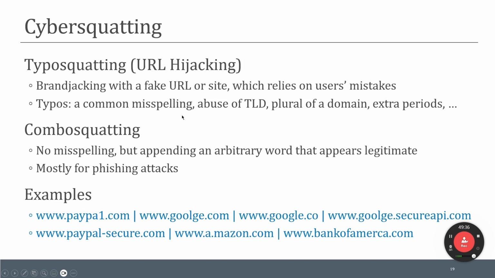This type of squatting relies on users' mistakes, mistakenly typed spelling. And combosquatting involves no misspelling, but appending an arbitrary word that appears with it, like PayPal-secure.com. These cybersquatting attacks are mostly for phishing attacks.